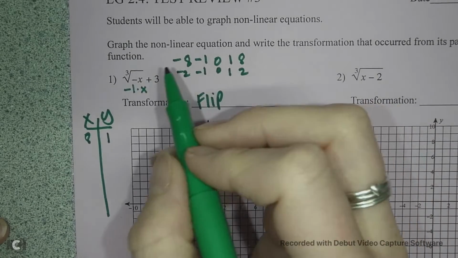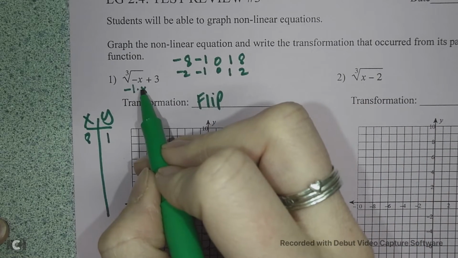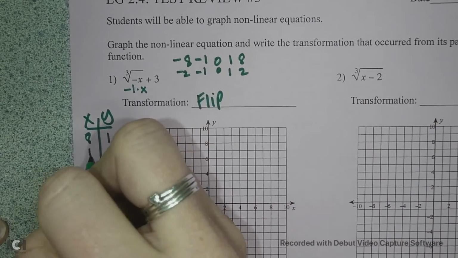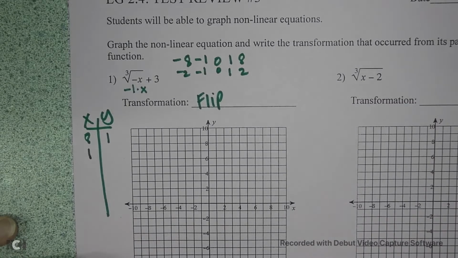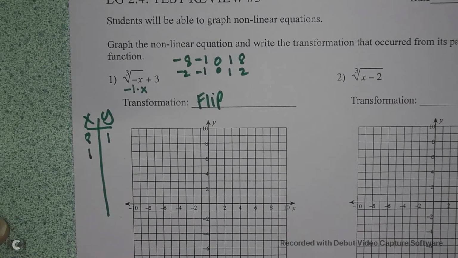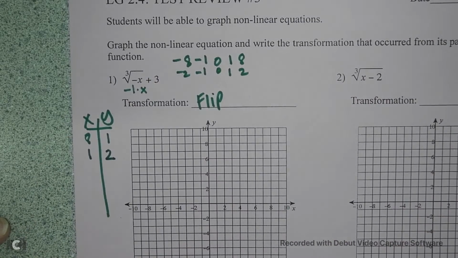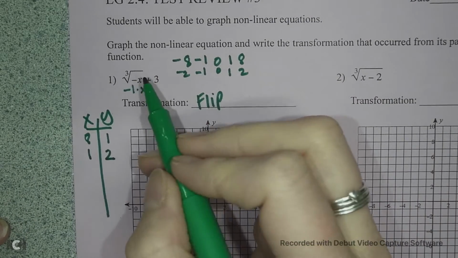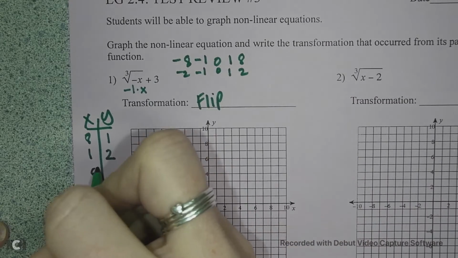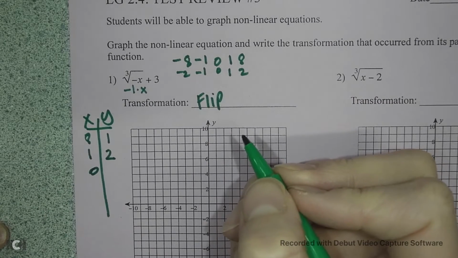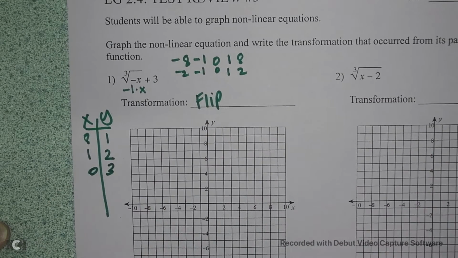Okay. Then to get a -1 in here, I would have to multiply by a +1. -1 times +1 is -1. And the cube root of -1 is -1. And -1 plus 3 is 2. And then to get 0 in here, I'd have to multiply anything by 0. So the cube root of 0 is 0, and 0 plus 3 is 3.